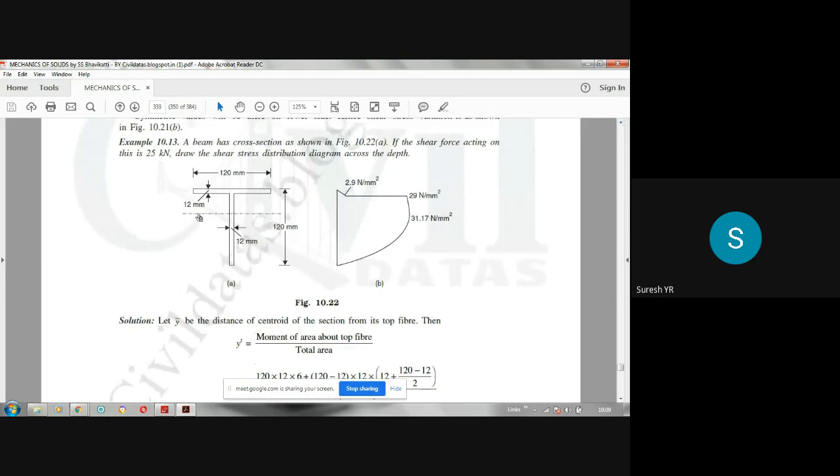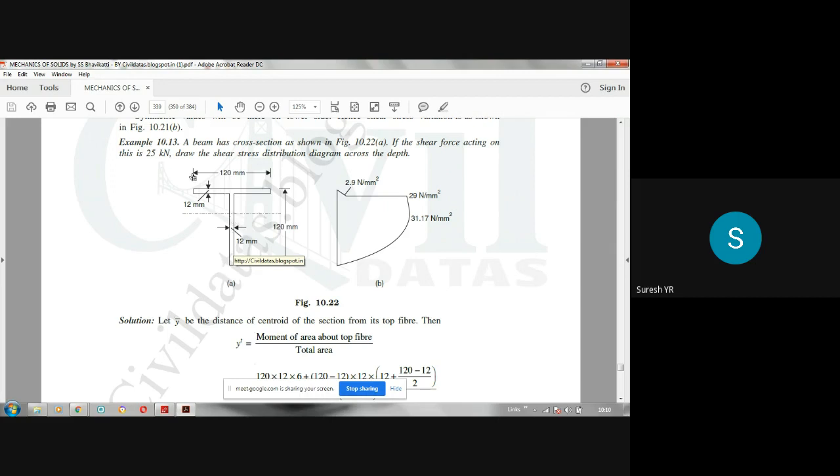At the neutral axis level, either you can take the area above the neutral axis and find A into Y bar for that, or you can take below. If you take above, you will get two rectangles, so two areas and two Y bar values. If you take below the neutral axis, you have only one rectangle, so only one area and one Y bar value. That is why we are taking below the neutral axis.